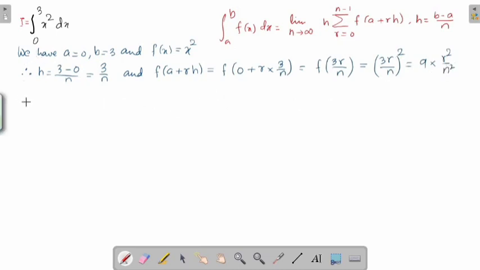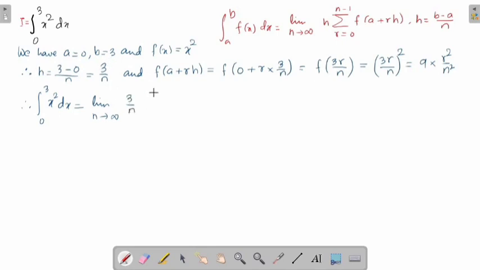So therefore your integral, that is integral from 0 to 3 x square dx, becomes, as per the formula, limit n tends to infinity. We have h, but you know the value of h is 3 by n.